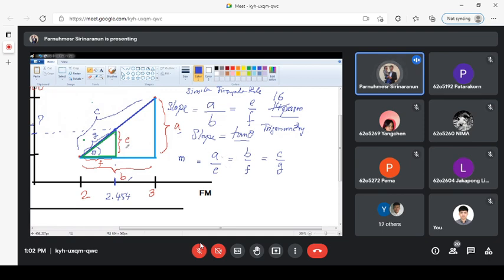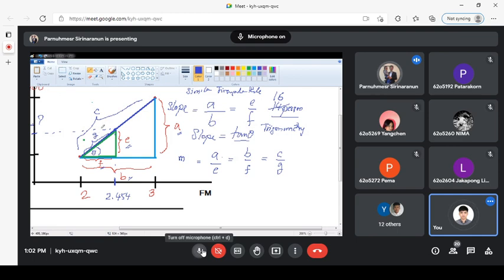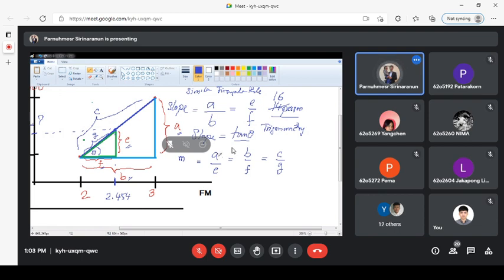A and E are similar sides, yes or not? B and F are similar sides, yes or not? G and C are similar sides. Using A by E, B by F, C by G, the number you get is more than 1. Clear or not? What does more than 1 mean?